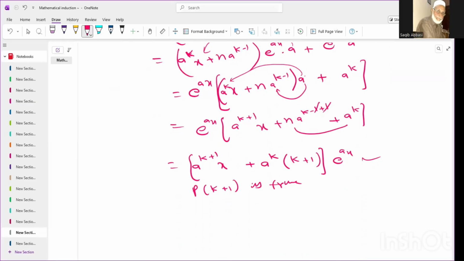In the end, you have to write the last statement, because from an examination point of view, it gets you 1 mark.